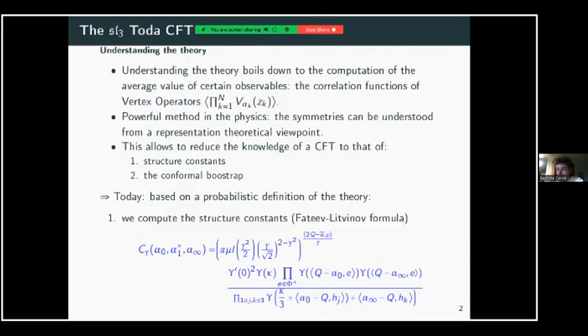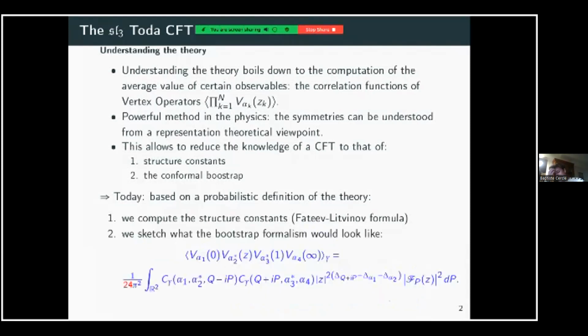If we have time, maybe I will try to sketch what the bootstrap formalism would look like for the SL3 Toda CFT. At least I will try to explain how we can implement it in the simple case of 4-point correlation functions on the sphere.